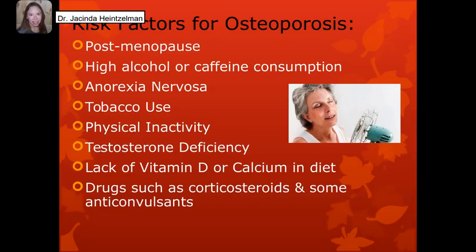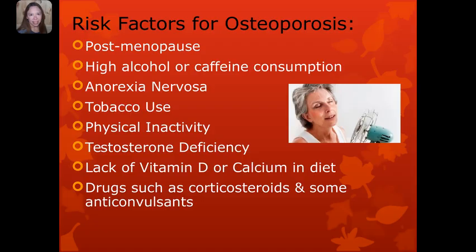Who's at risk for osteoporosis? Well, we already said that postmenopausal women, 80% of the patients diagnosed with osteoporosis, are older women. So since we know this, we definitely need to put forth an effort and give good education to all postmenopausal women. Other people that are at risk are if somebody has high alcohol intake or caffeine consumption, it can interfere with the calcium absorption.